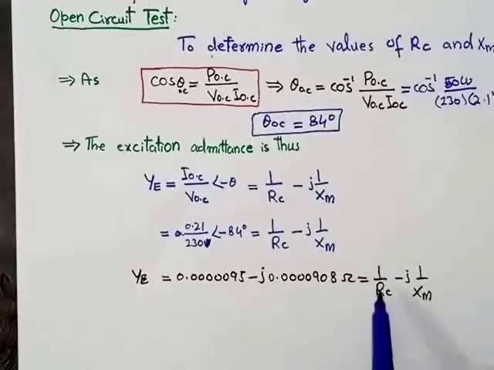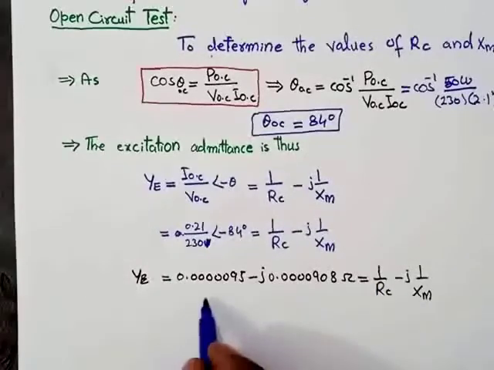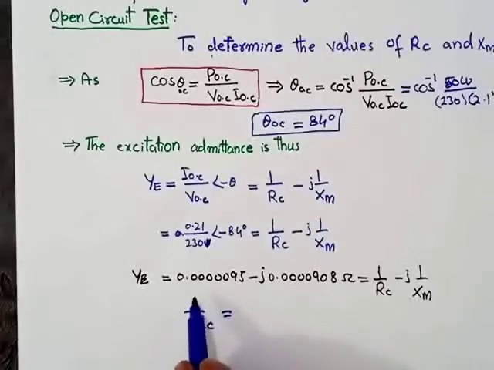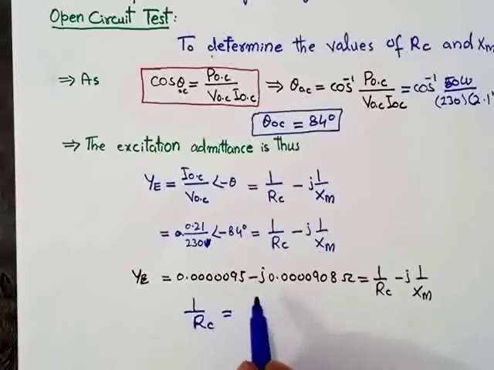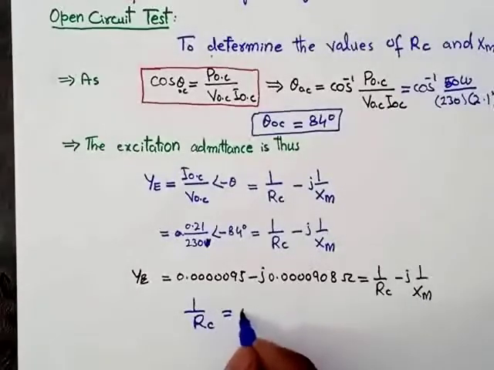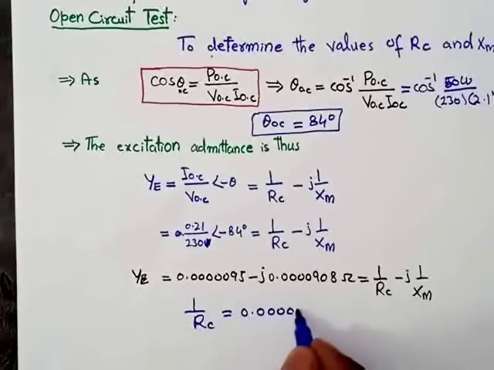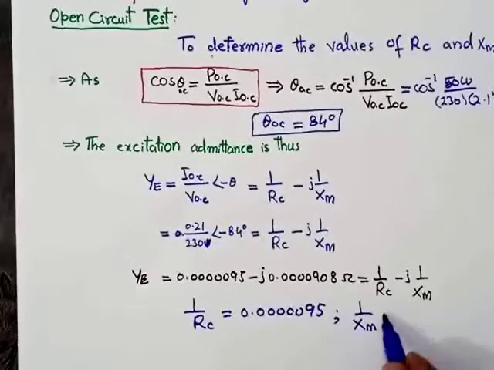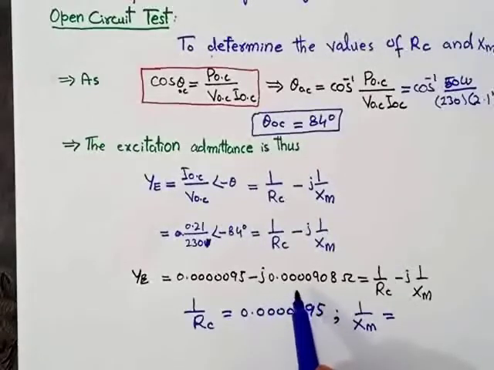We will compare real part with the real part and the imaginary part with the imaginary part. The real part is basically 1 over RC, and this is the imaginary part. So real part 1 over RC will be equal to 0.00095, and the imaginary part 1 over XM is equal to 0.0000908.